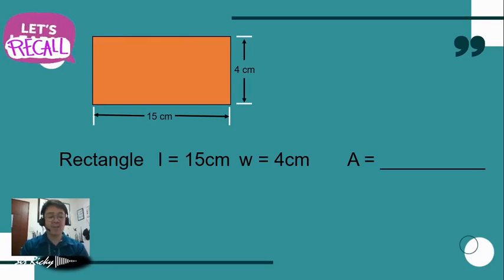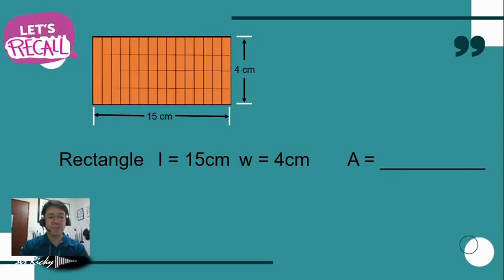To get the area of a rectangle, we can simply divide the length into 15 and the width into 4. Then we can count the number of square units inside the polygon, such as 1, 2, 3, 4, 5, and so on. The total number of square units this rectangle has is 60 square centimeters.